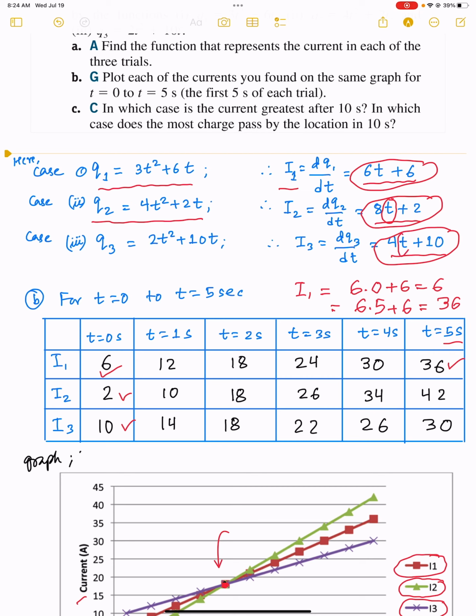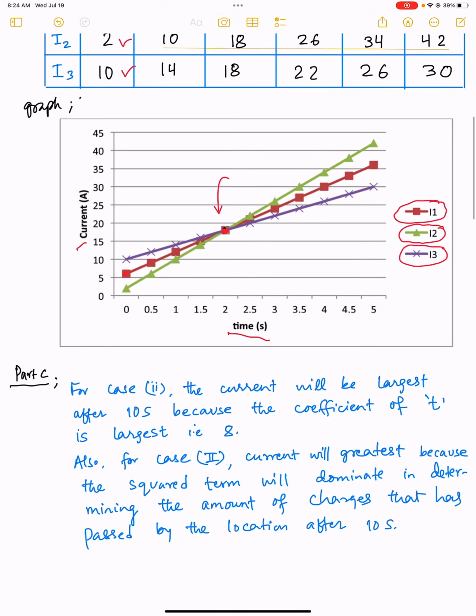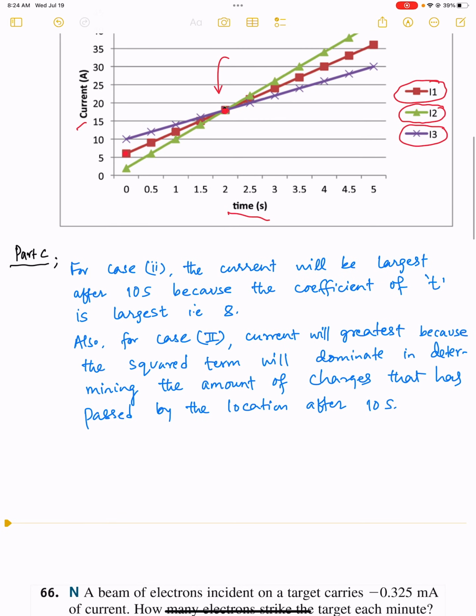You can look at the corresponding I1, I2, and I3. Obviously for case 2, I2 will be the greatest, because the coefficient of t is 8. So for case 2, the current will be greatest.